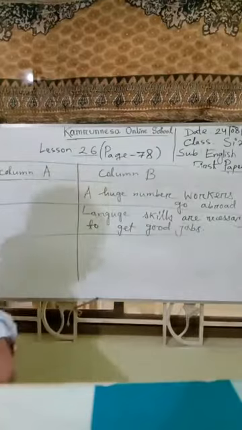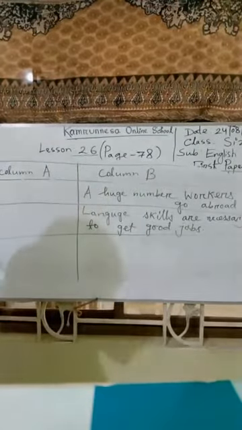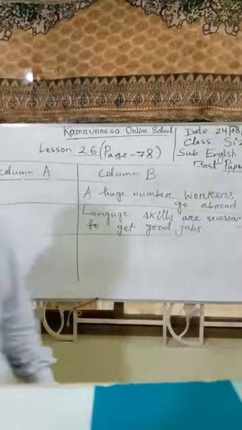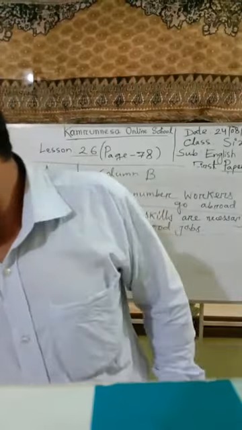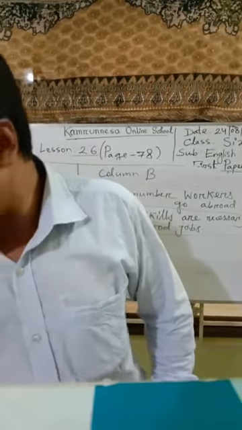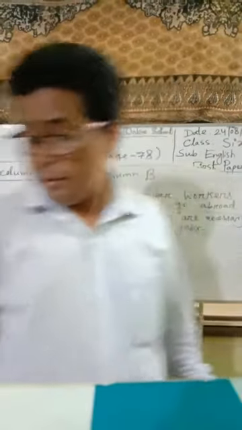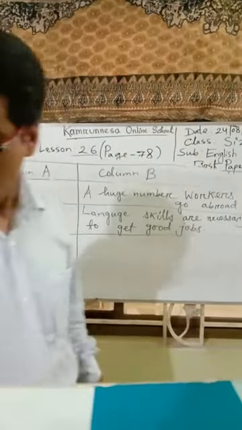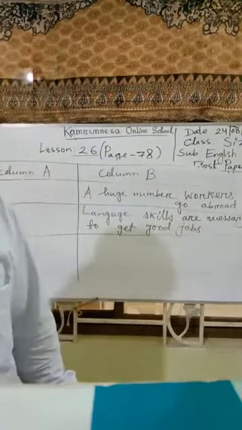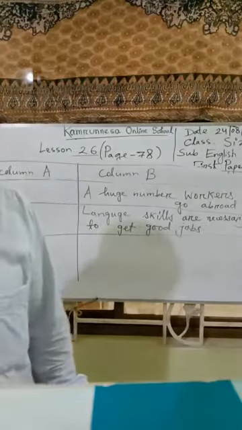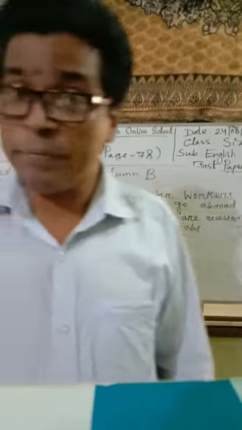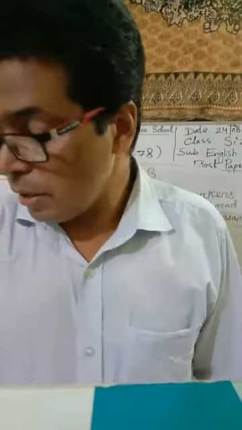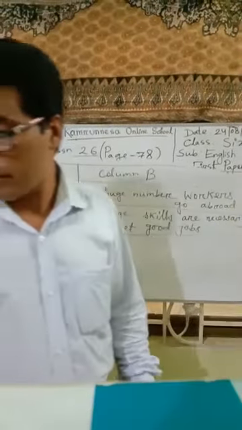Okay, and the third line, wage earners of our country in countries preferring Bangladeshi workers. In sentence 3, look, dear students, countries preferring Bangladeshi workers. That means which countries are liked or preferred by our workers for work.